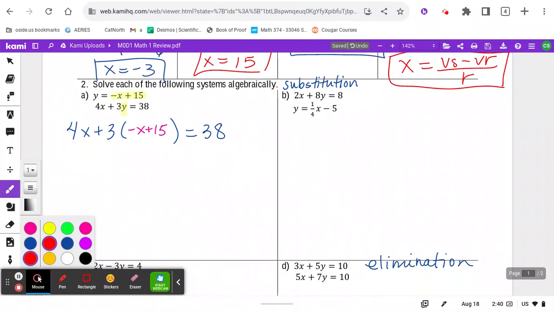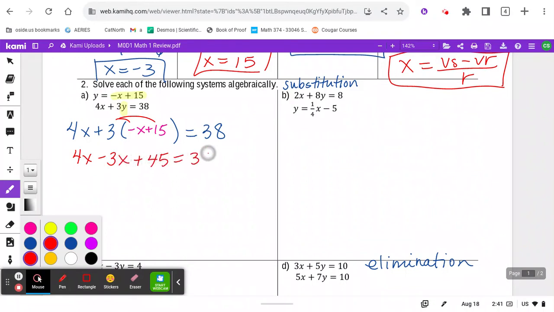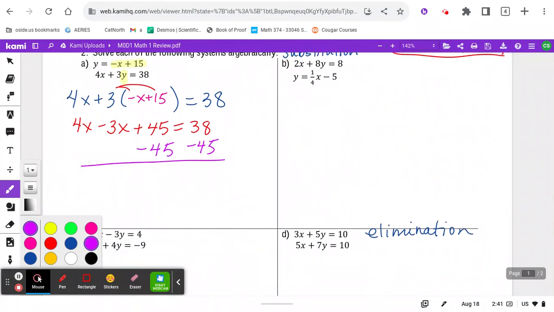Now that I've got this plugged in, I can go distribute. So the front stays the same. 3 times negative x becomes negative 3x. 3 times 15 is 45. Now, in class, when I did this with students, I said, what would you do next? They said I would minus 45. Sure, you can move that constant at that point.